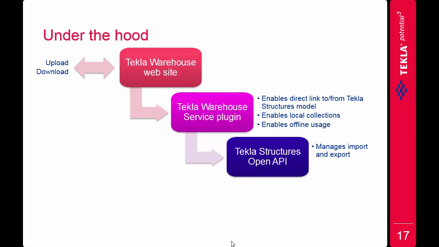The API has been enhanced for version 21 and for version 20.1 to enable this type of direct link. So if you're using older versions like 20.0 or 19, these features won't work because the Open API hasn't been updated in those versions.